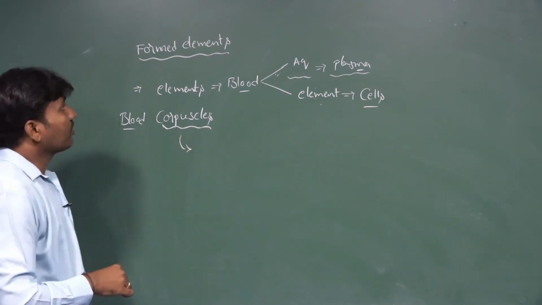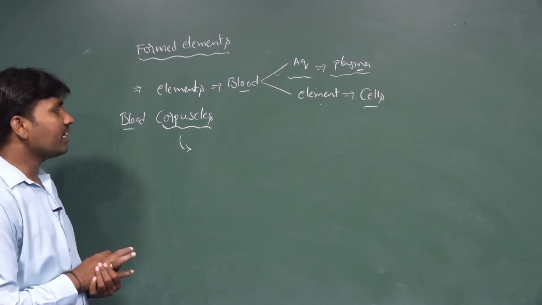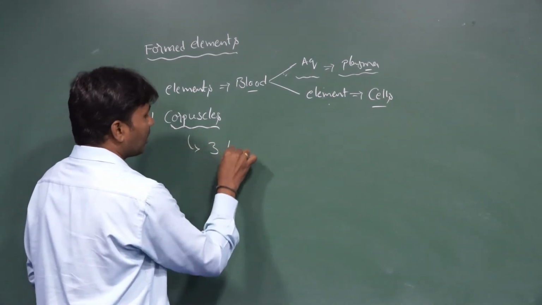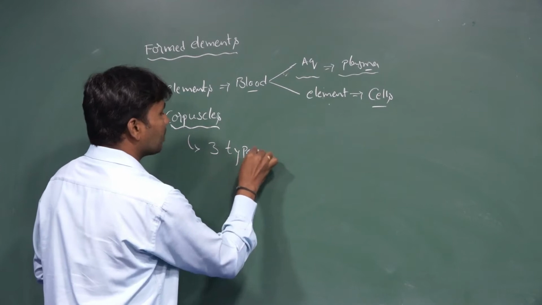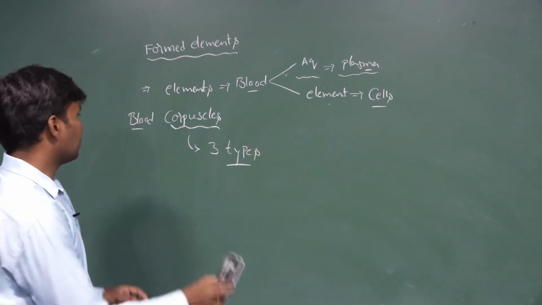These formed elements, how many types of formed elements, how many types of corpuscles are presented? Majorly we differentiate three types. What are these three types of elements in the blood?